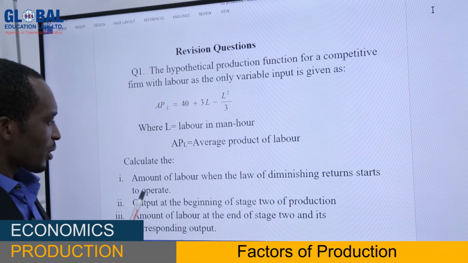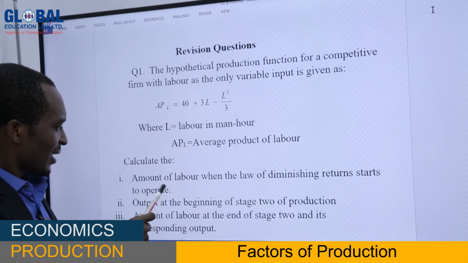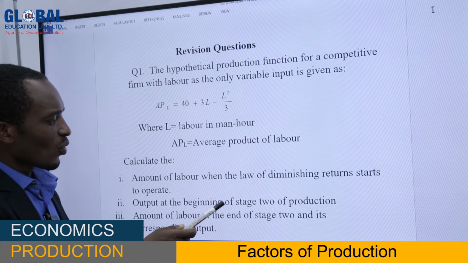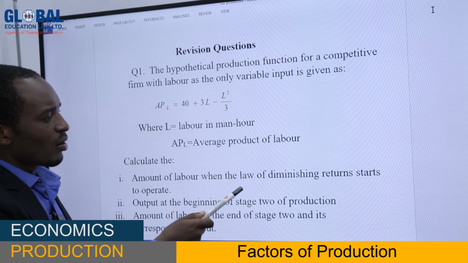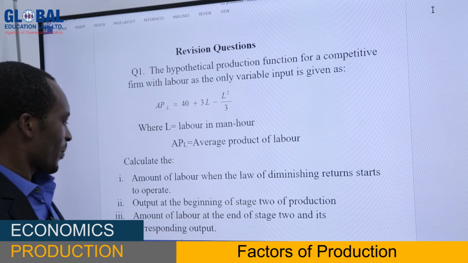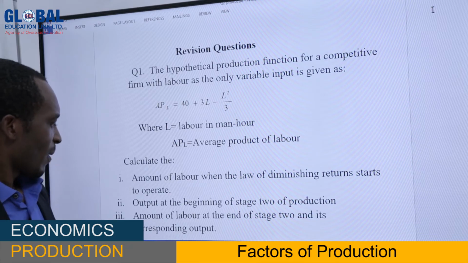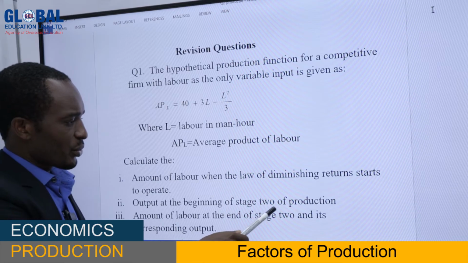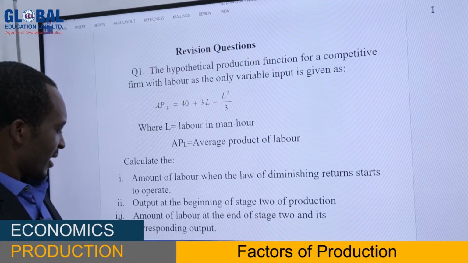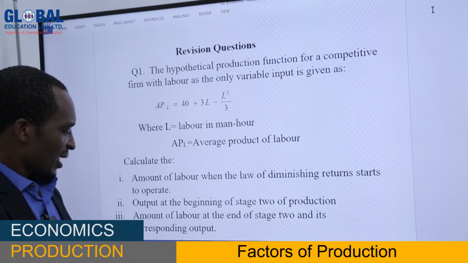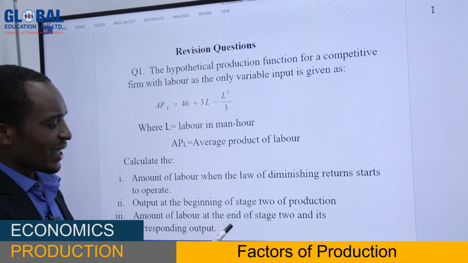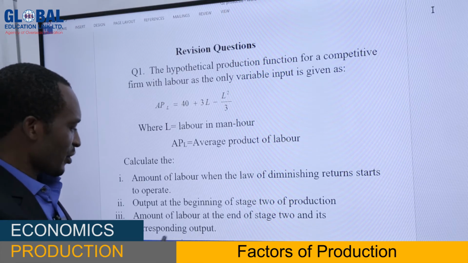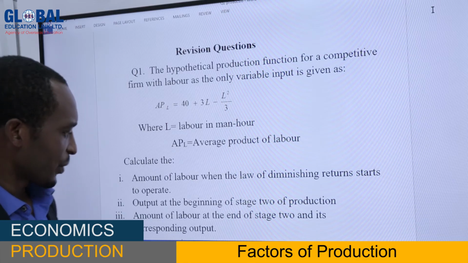Now we are asked to: 1, calculate the amount of labor when the law of diminishing returns starts to operate. Then 2, calculate the output at the beginning of stage 2 of production, and 3, calculate the amount of labor at the end of stage 2 and its corresponding output.